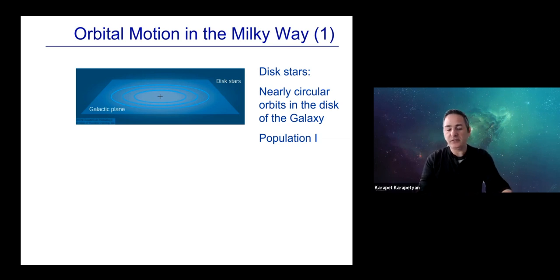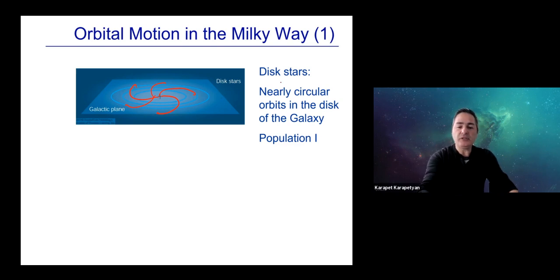Basically, the disk is like this, and those spiral arms are like that. Most of the stars are rotating like that, along that galactic plane.